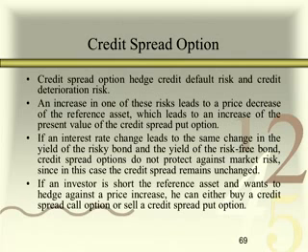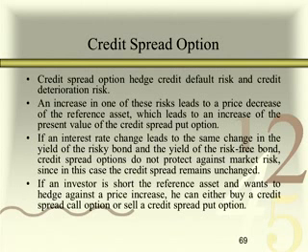If an interest rate change leads to the same change in the yield of the risky bond and the yield of the risk-free bond, credit spread options do not protect against market risk. If the whole market goes down, they don't protect because that's not default. That's not what you insured against. The market going down, or interest rates going up, it's not an interest rate, it's just their credit.